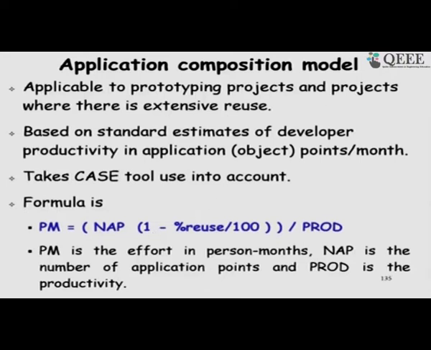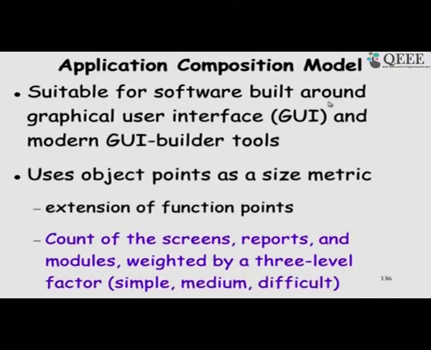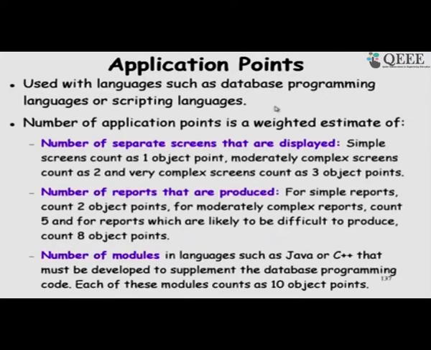So, that is the application composition model, simple model used at the early development, and one important thing is that it considers the GUI development effort directly by counting the number of screens, reports and so on. So, application point, as we had seen, it is also called as the object points.